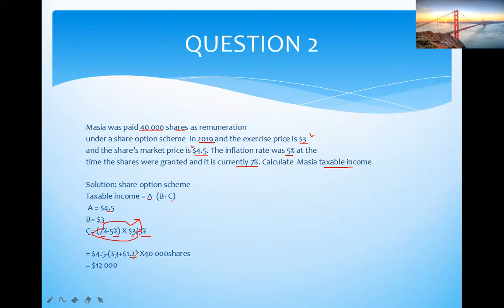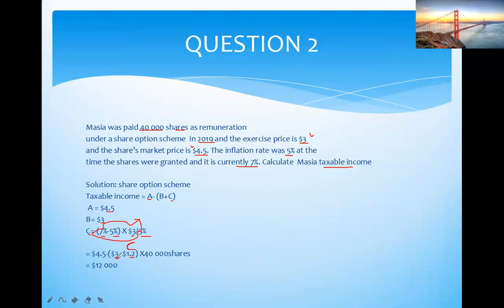You take this 1.2 back to the formula. So we have obtained the value of C in our formula. When we have the value of C, we add it to B, and in this case B is 3.